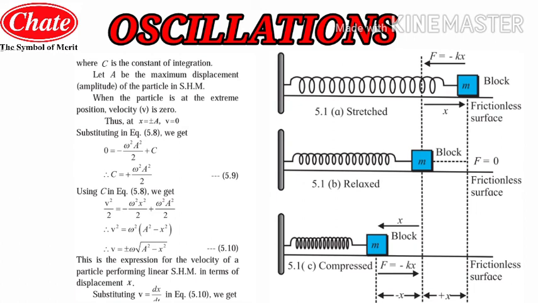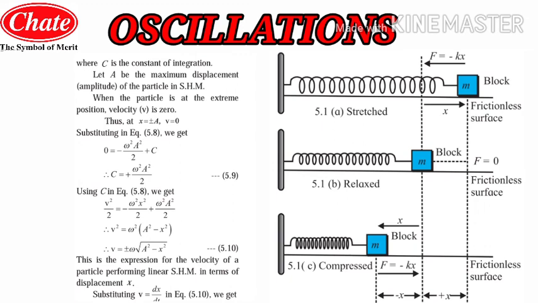The denominators 2, 2, 2 will get cancelled. Omega square is the common term in both terms on either side of the plus sign, so we can take it in common. The next step will become v square is equal to omega square into bracket a square minus x square.